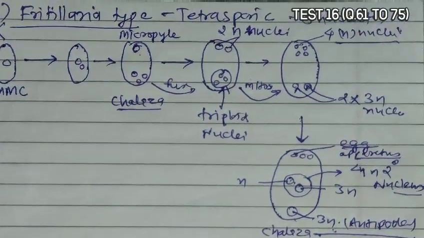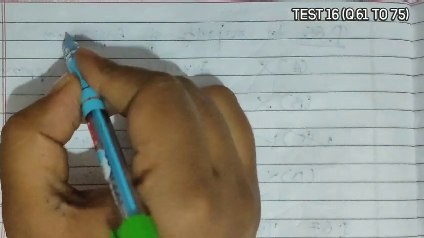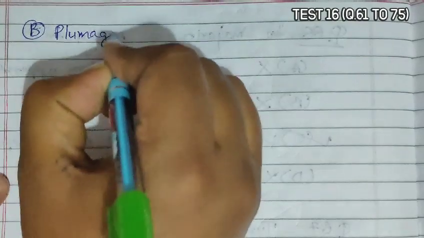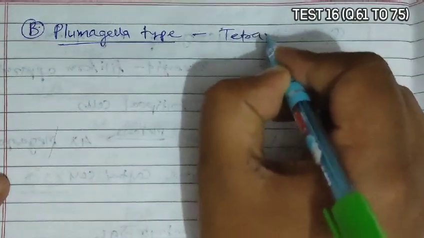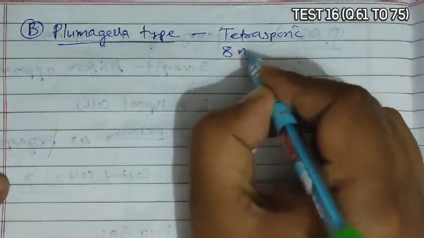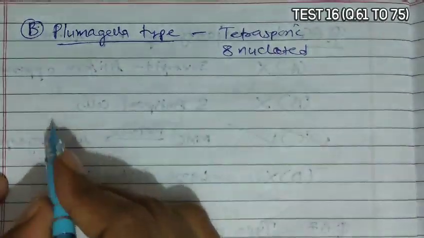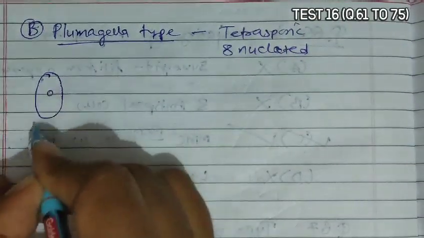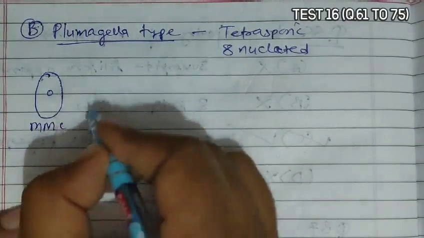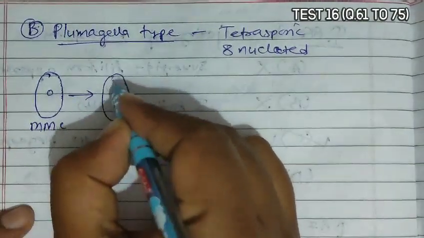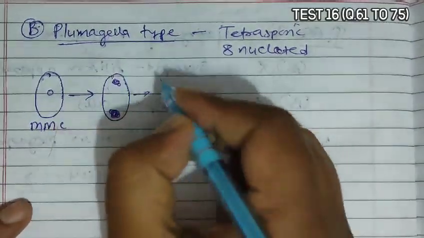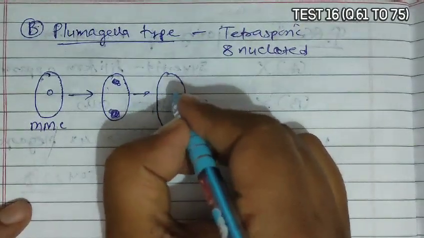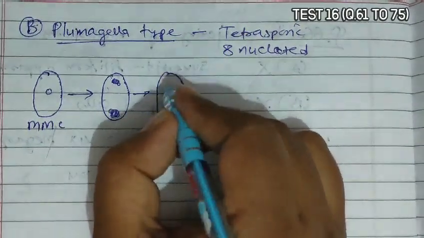Now option B is given as Plumbagella type. Plumbagella type is also a tetrasporic and 8 nucleated embryo sac. In this there is a single megaspore mother cell with a single nucleus. It undergoes meiosis 1 and produces 2 nuclei, and then again meiosis 2 happens and 4 megaspores are produced.